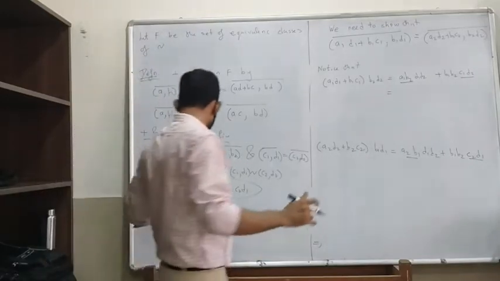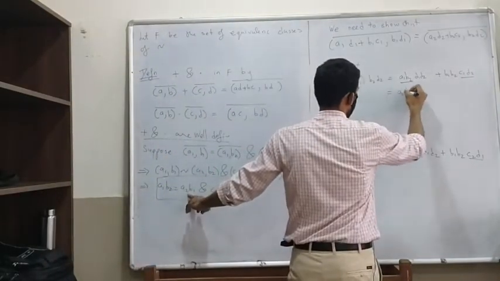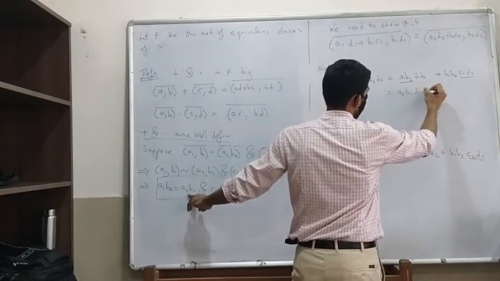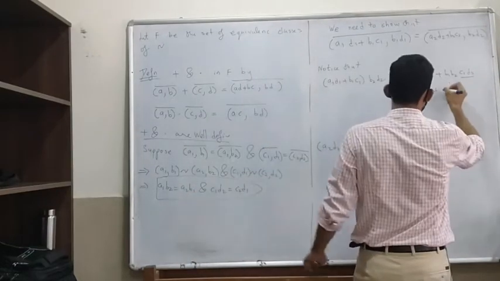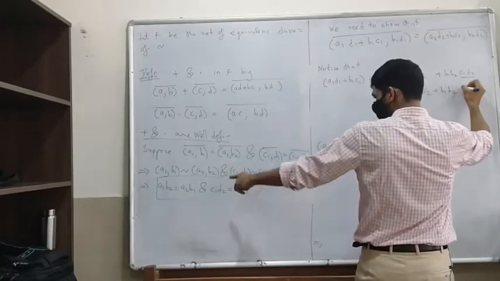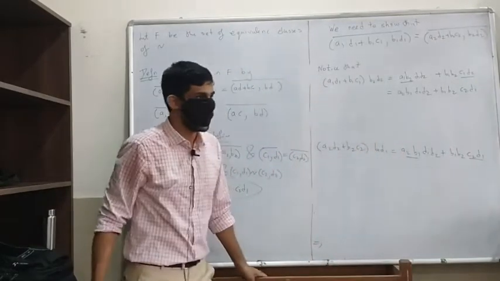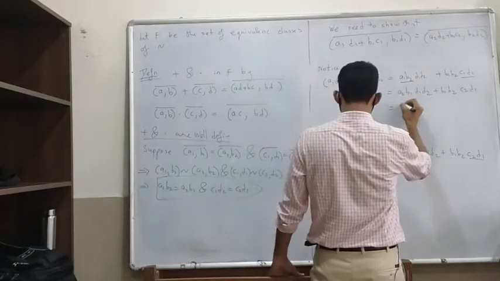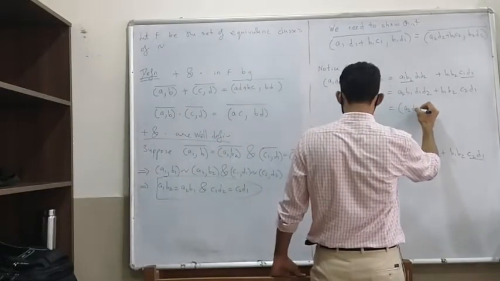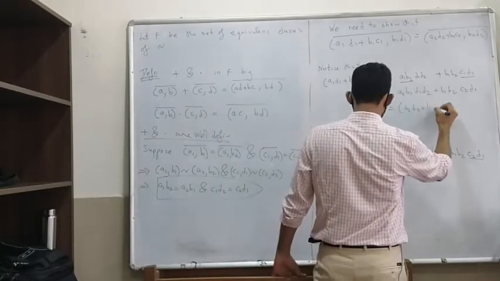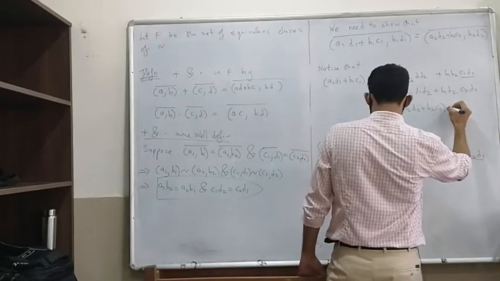So A1 B2 is nothing but A2 B1 D1 D2 plus B1 B2 C2 D1, and we get exactly what is here, which is A2 D2 plus B2 C2 times B1 D1.